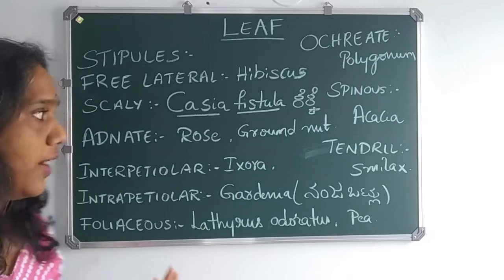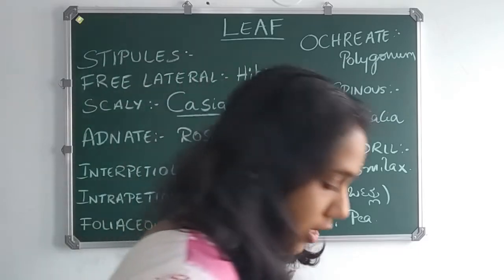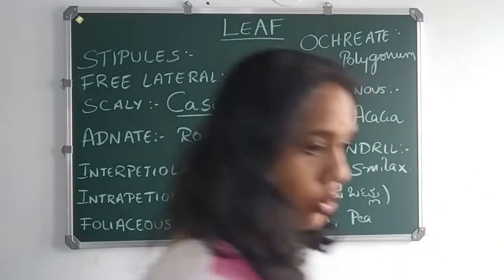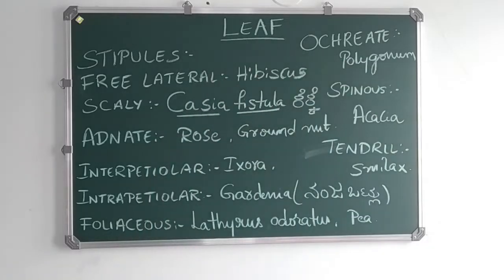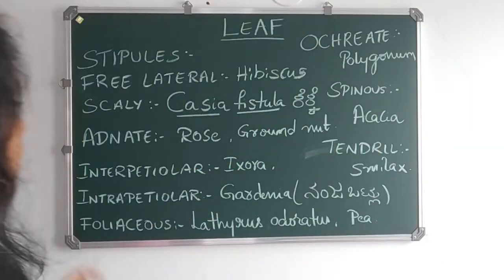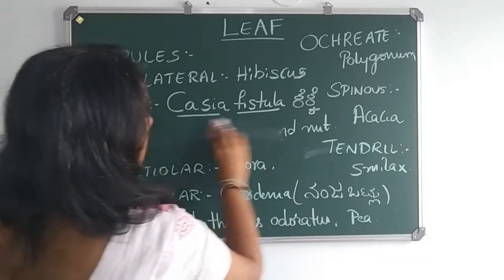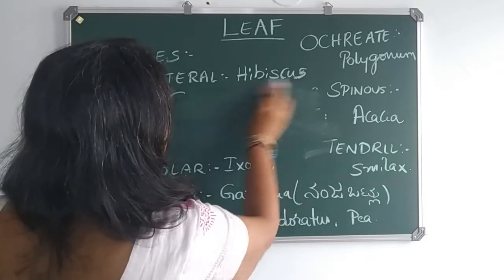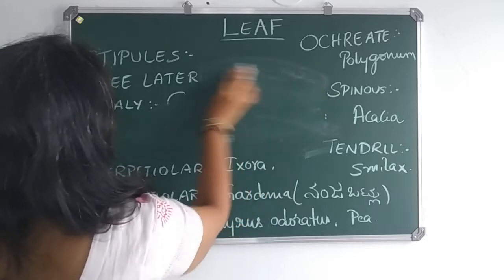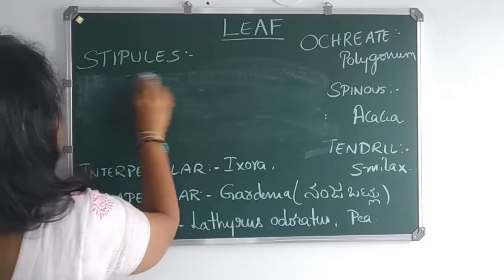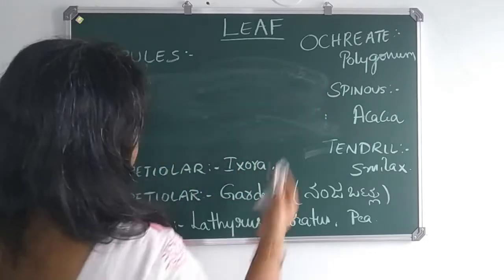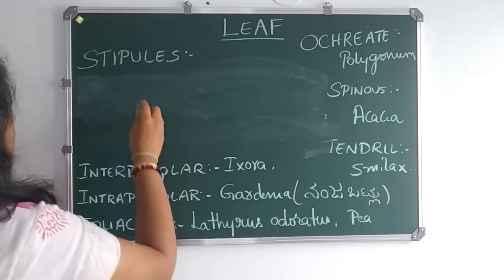Interpetiolar, also called ixora type. What is this interpetiolar? Interpetiolar means the stipules are present in between the petioles. It will look something like this.